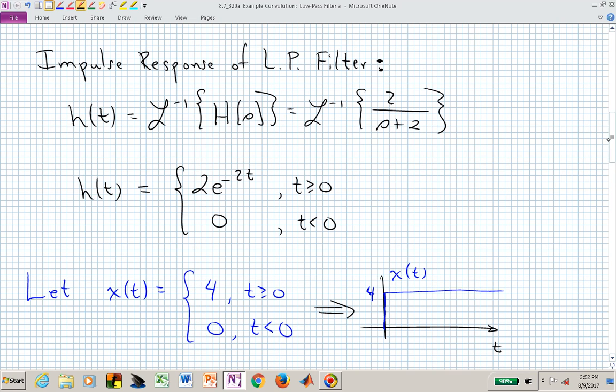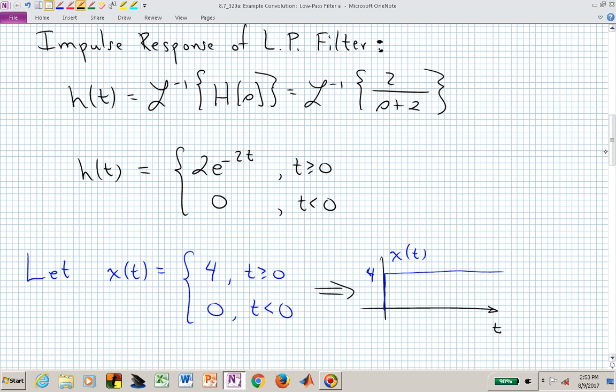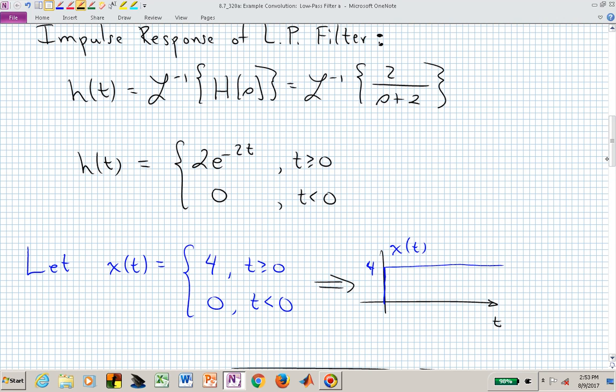We want to use that as our impulse response for our system, and applying to that system we want a constant that turns on at time t equal to 0, and it's 4, just as an arbitrary magnitude to give us a way of comparing or contrasting these waveforms x of t and h of t.